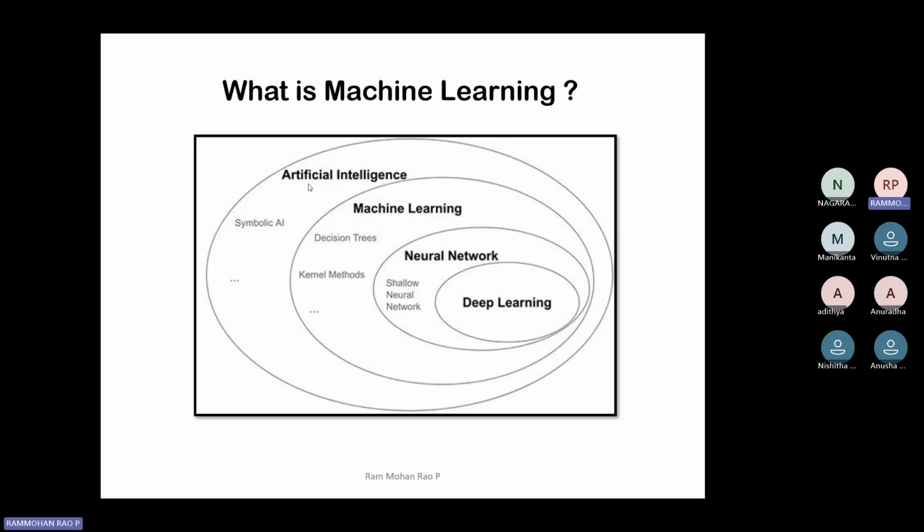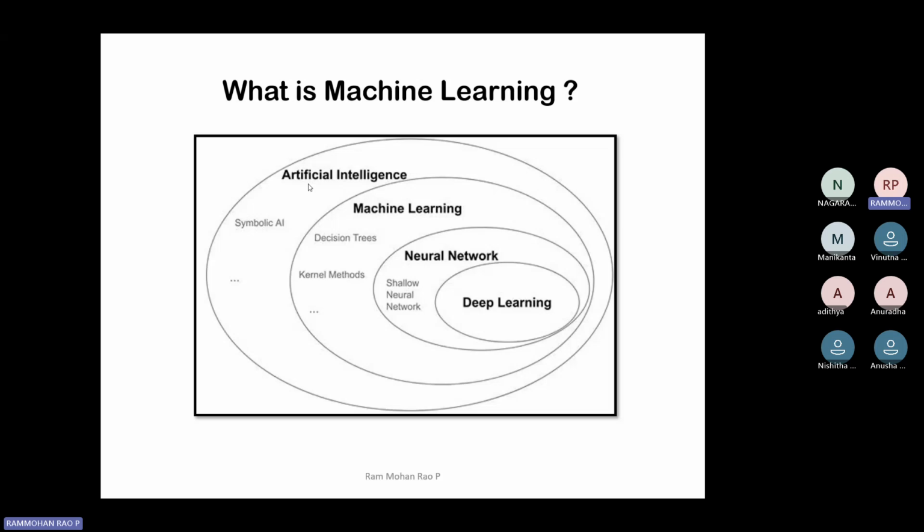Artificial neural networks. And in artificial neural networks there is one more subset called deep neural networks. This deep neural network is nothing but deep learning. In deep neural networks there are many types, and one of the popular ones is GAN, Generative Adversarial Network.